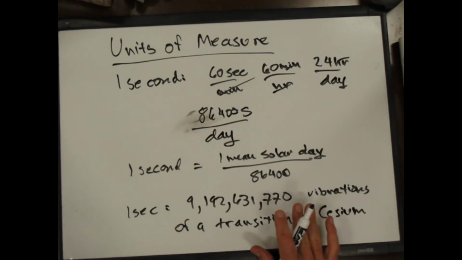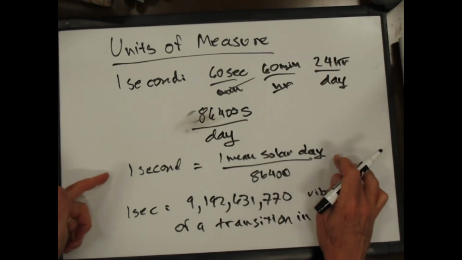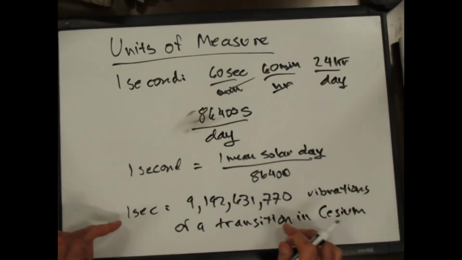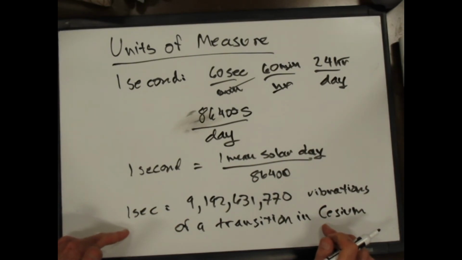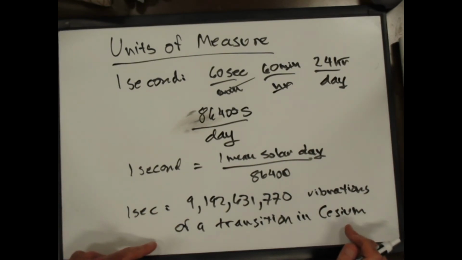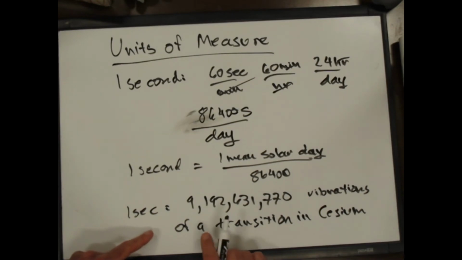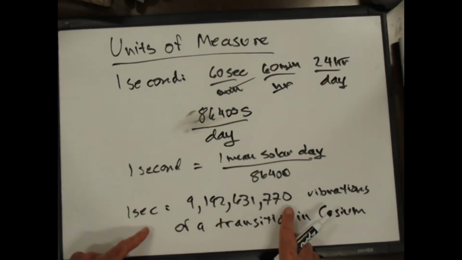Doesn't really matter. Instead of being tied to some complicated thing of the Earth, it is now defined by a transition in a cesium atom. And so this tied a second down. This gave it a well-defined quantity.